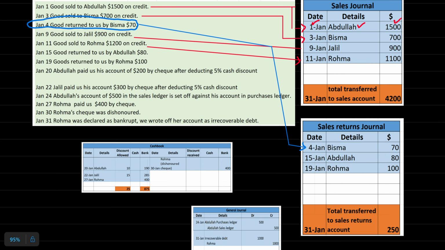Goods returned by Bisma are recorded in the sales returns journal. Goods returned to us by Abdullah will also be recorded in the sales returns journal. Similarly, goods returned to us by Rohma will also be recorded in the sales returns journal.